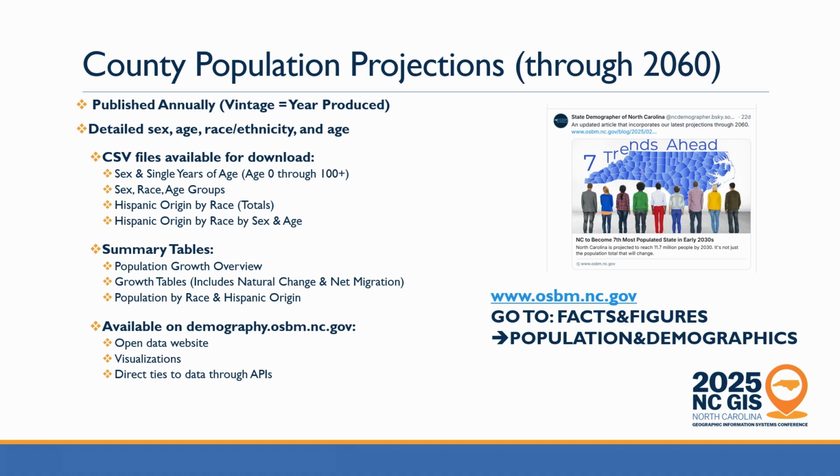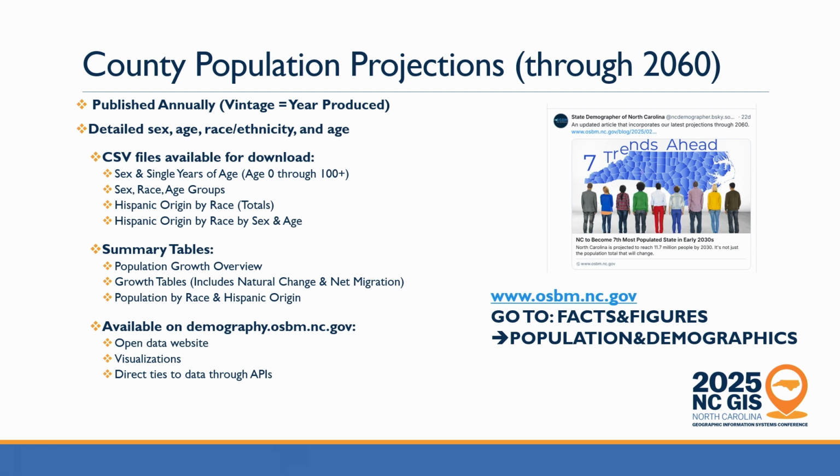These are vintage 2024; the vintage means that's the year we produced them. They have not only total population for counties, but also more granular characteristic data on age, sex, race, and ethnicity. Again, there are a bunch of summary tables, also available on the Open Data Soft website.